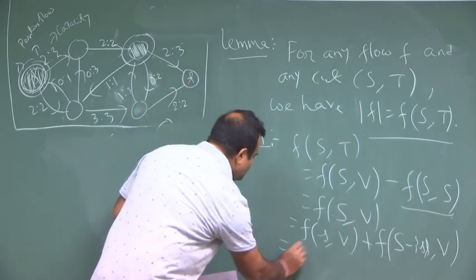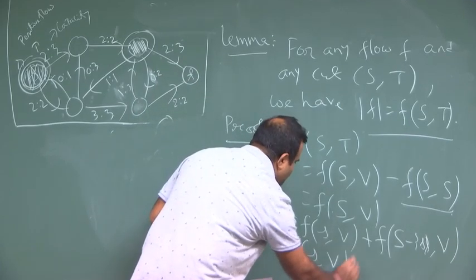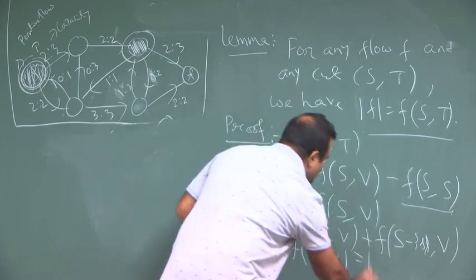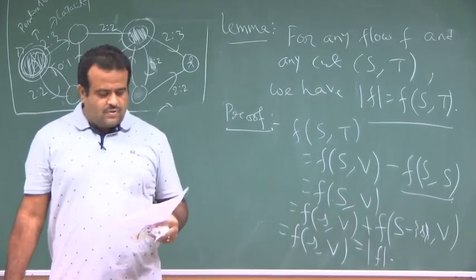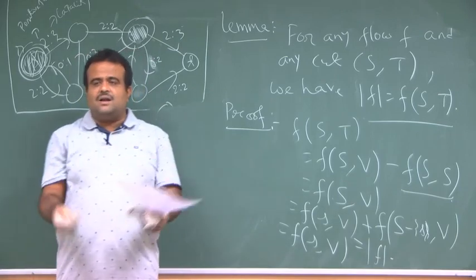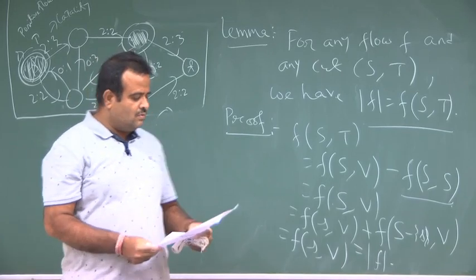So, this is nothing but f of S comma V, which is basically the value of the flow. So, this is the proof. If you take any cut, that will give us the value of the flow.